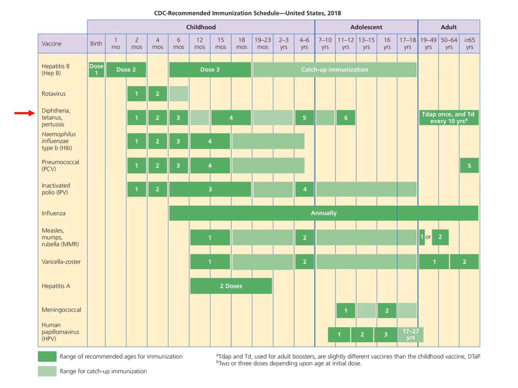This is the vaccine regimen. D for diphtheria, tetanus, pertussis, DTaP. You'll get one vaccine at 2 months, the second one at 4 months, the third one at 6 months, the fourth one at 15 months, and the fifth one at about 4 years old.